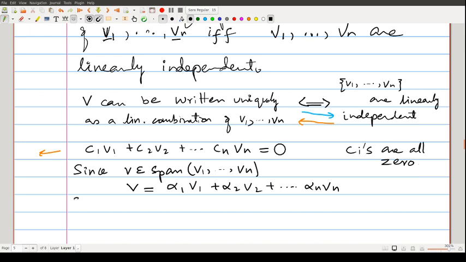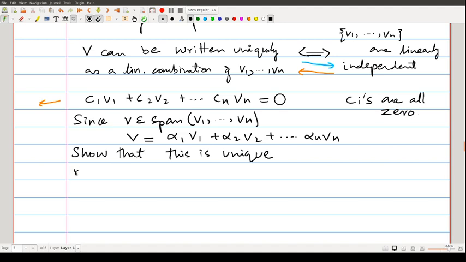And we have to show that this is unique. That is, we cannot have v equal to some other coefficients, beta 1 v1 plus beta 2 v2 plus dot dot dot beta n vn.